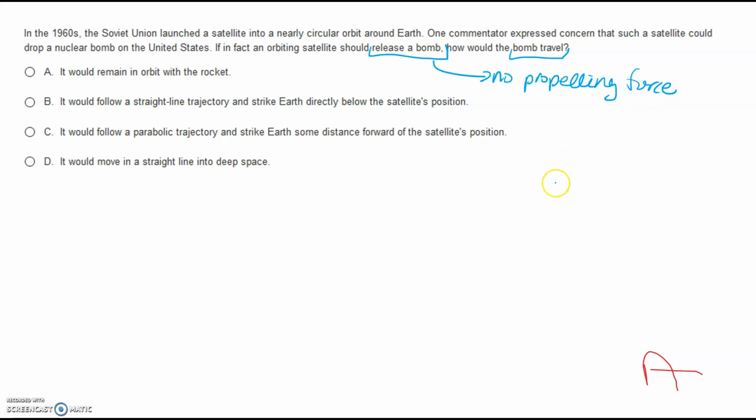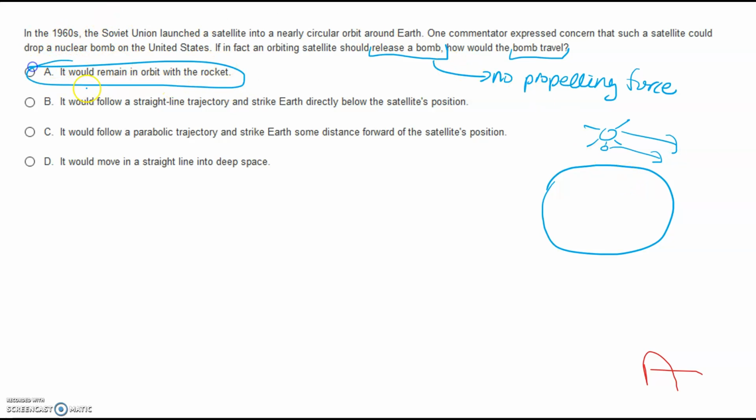The satellite is literally, so here's my satellite, is literally dropping something. There's no propelling force. So as this drops, it's not a missile, it's just like a rock. It's just going to remain in orbit with this, which is A.